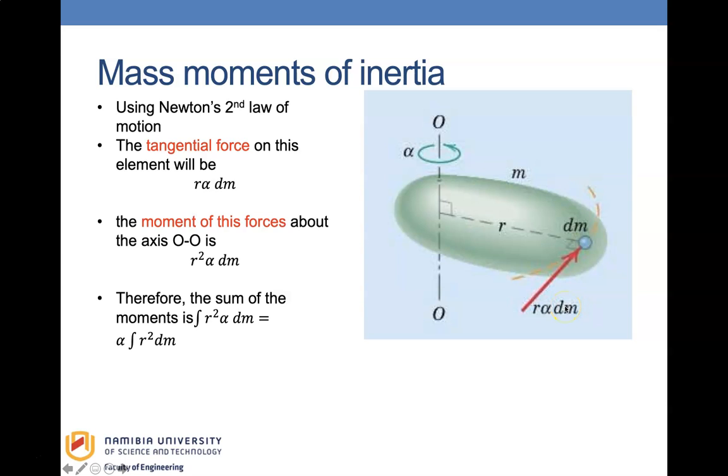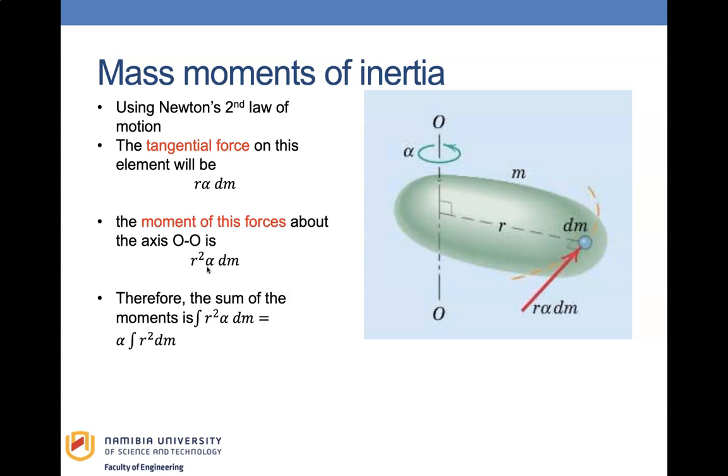The moment of this force about the axis OO is r alpha dm times the perpendicular distance r, which gives r squared alpha dm.